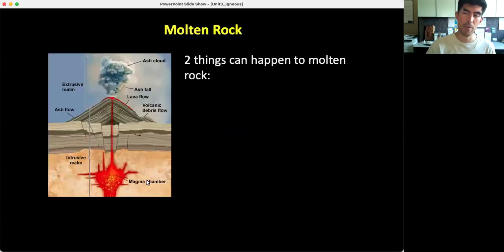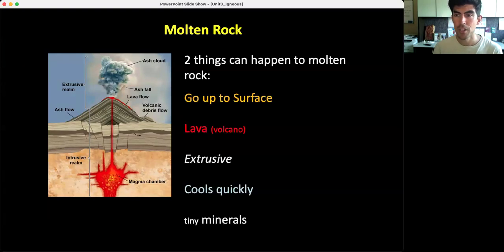Okay, so first up, when we think about magma, when we think about that molten rock inside of the earth, one of two things can happen. First, as we have talked about, that magma can go up to the surface in the form of a volcano.